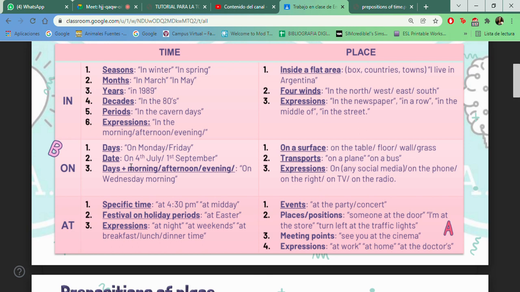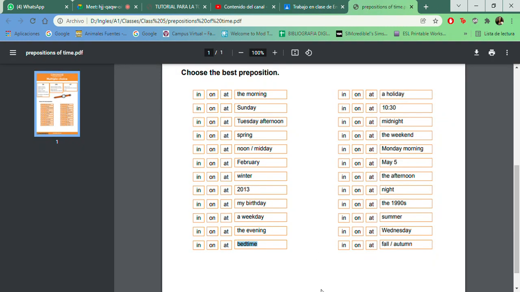For specific time, at. Okay. Remember, I always make pasta on Sundays at lunchtime. Remember the example? So that will be at bedtime. I always read something at bedtime, right? So I always read a book at bedtime, or I always watch TV at bedtime.